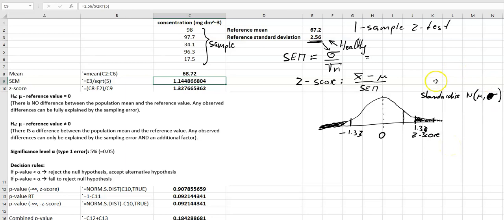So here the null hypothesis would be the mean of the underlying population that we have here, which I denote as mu, minus the reference value, and that would be this value here, equals 0.